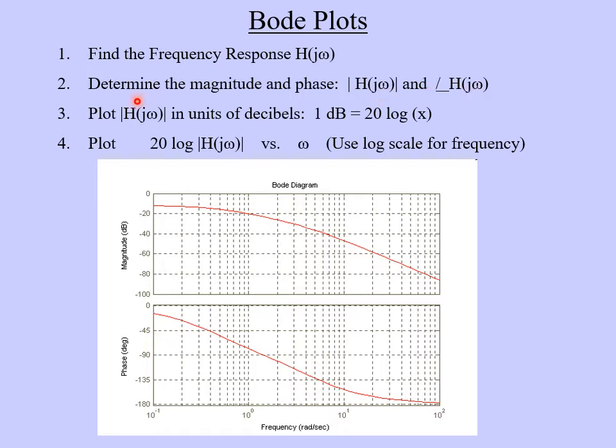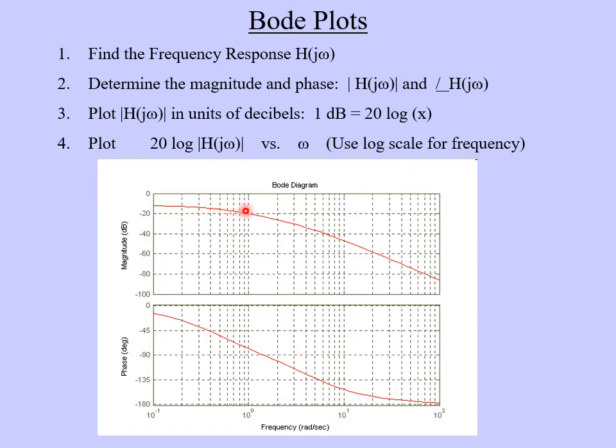And then we're going to plot the magnitude of the frequency response in units of decibels. And again, decibels is equal to 20 times the log of the quantity that we're plotting. So we're going to plot 20 log magnitude of H of j omega versus omega, and we're going to use a log scale for frequency.